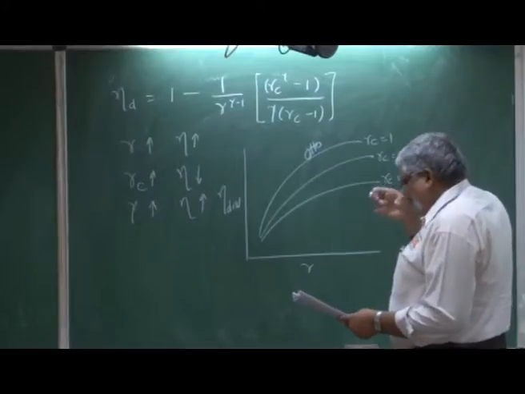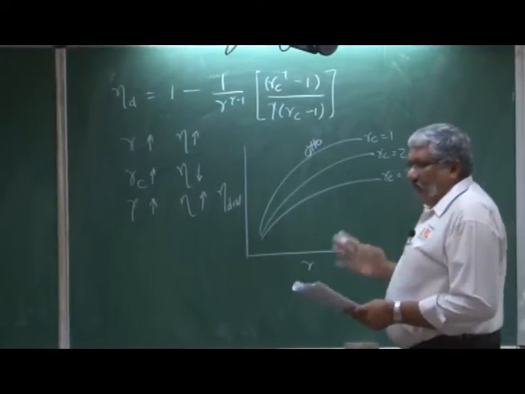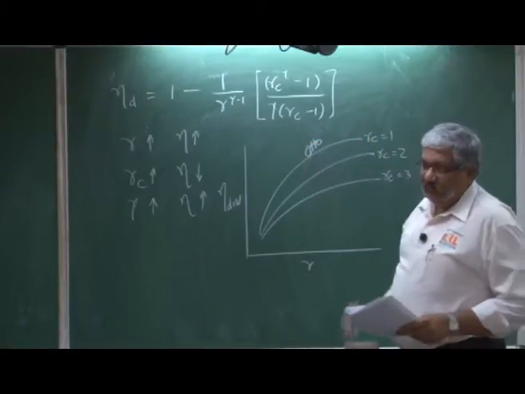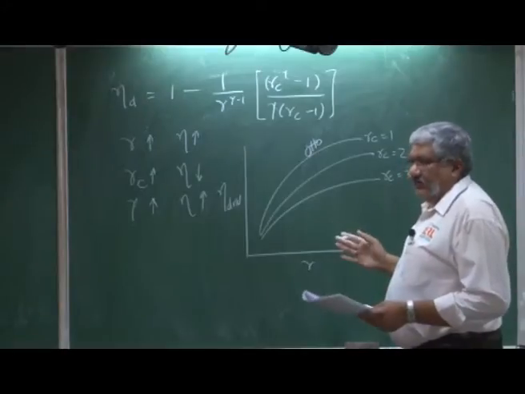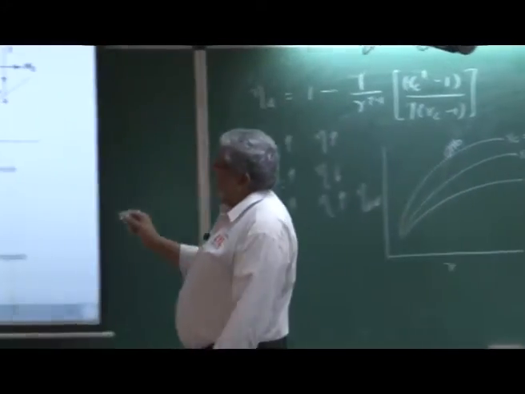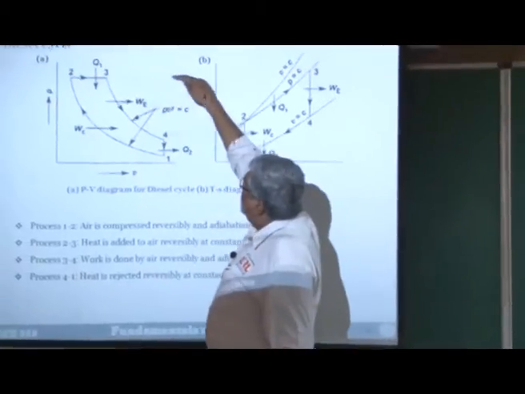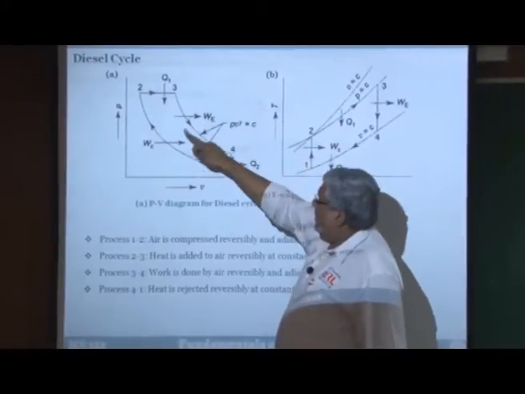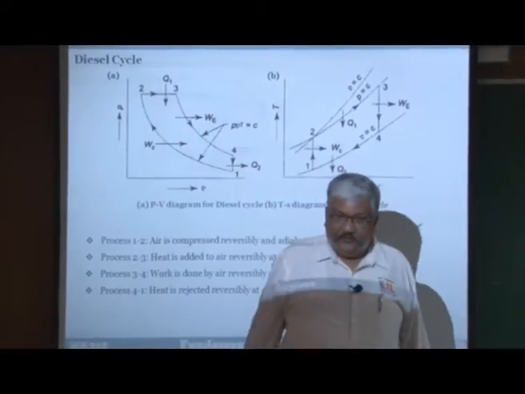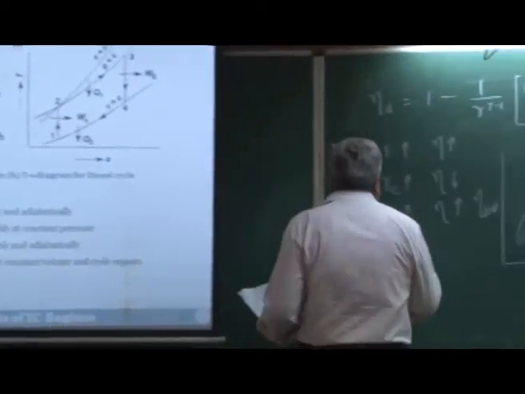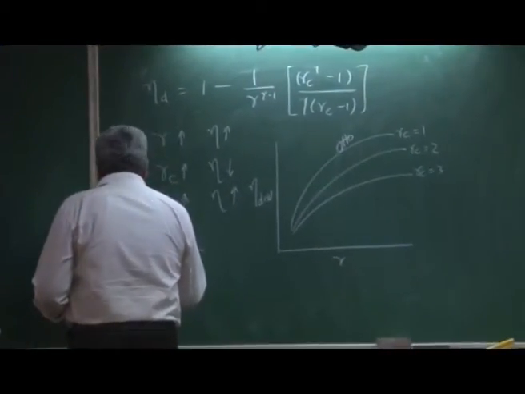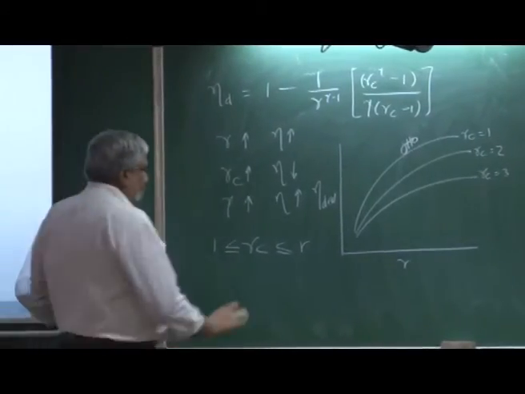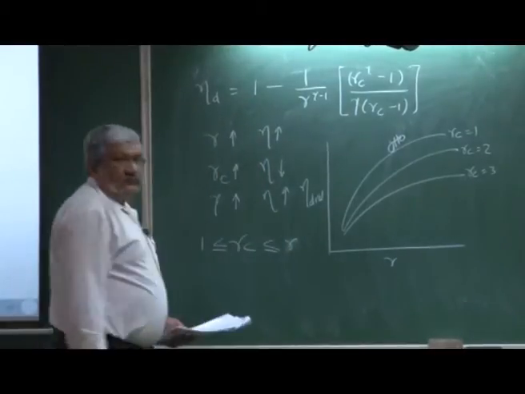The range of RC for a diesel engine is between 1, because if it is 1, then obviously point 2 and point 3 will merge, and it is less than the compression ratio, because when it is equal to the compression ratio, then point 3 will be here. Okay? So RC value will always be between 1 and R. Okay.